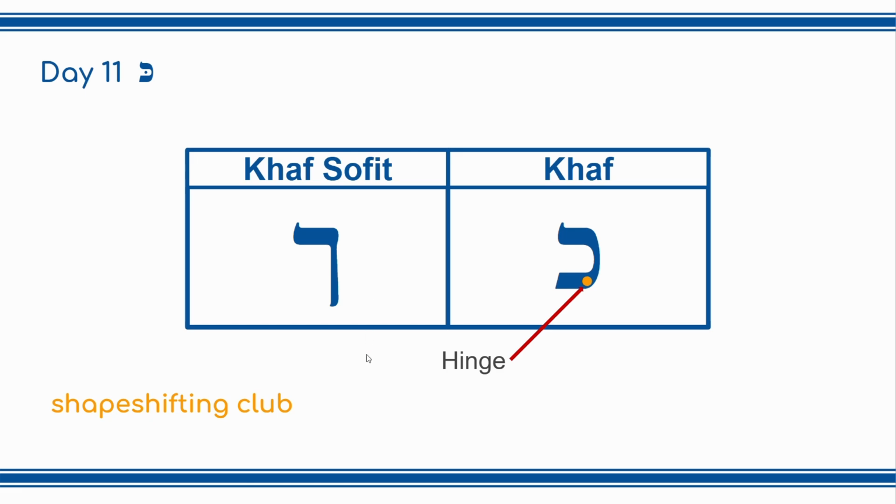So I made up this term. So don't ever go and tell anyone that this is the official name for shape-shifting. No, it's not. I just made it up, okay? I just think it's kind of fun to think of them as shape-shifting letters, and you can think of these certain letters as being part of this shape-shifting club.